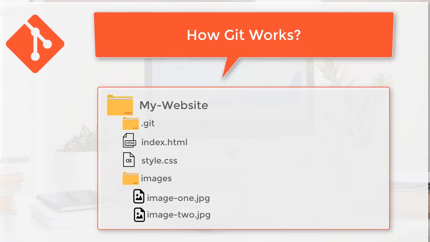So once this folder is created, the entire directory where that folder is placed will become a repository. Sometimes it's called just repo. So the repository is a container for a project which you want to track with Git. Alright, so after that we are able to track all changes of our project.